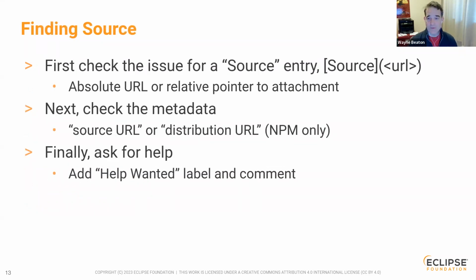Finding source, the first thing it does is it looks in the issue description. This is actually most helpful. The Dash license tool doesn't actually provide any information there anymore. At one point it did, but it doesn't anymore.